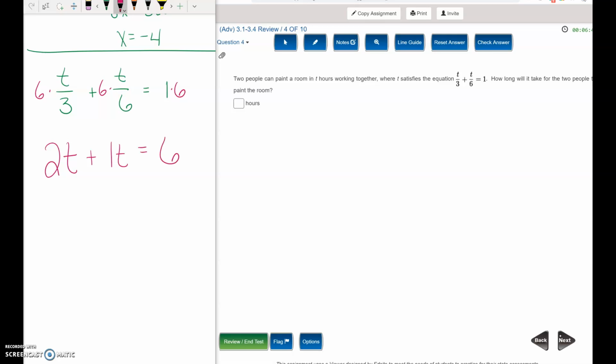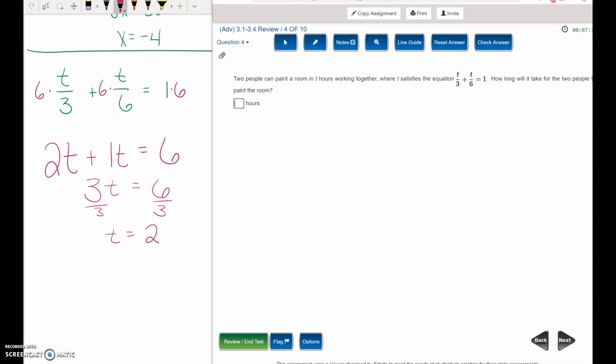Then 6. Then you combine like terms. So this is 3t equals 6. Divide both sides by 3. How much time? 2. So you click that little box and type in 2 hours.